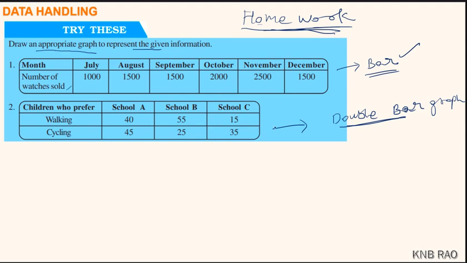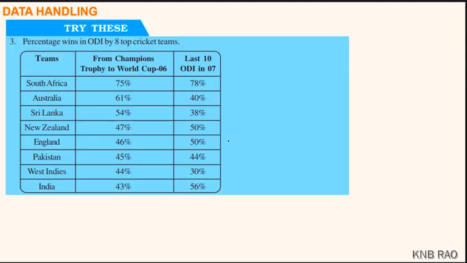This is the homework. Then I am giving one more question, question number 3, as homework. Here percentage wins in ODI by 8 top cricket teams: South Africa, Australia, Sri Lanka, New Zealand, England, Pakistan, West Indies and India. So here I have given you the percentage of wins in the last 10 ODIs in 2007, and from the Champions Trophy to the World Cup 2006.